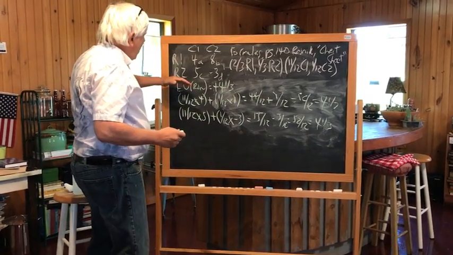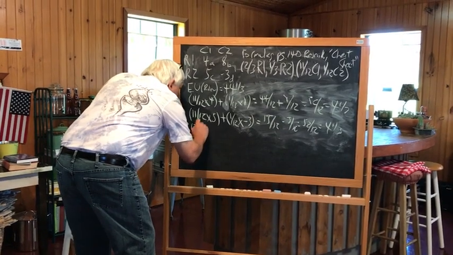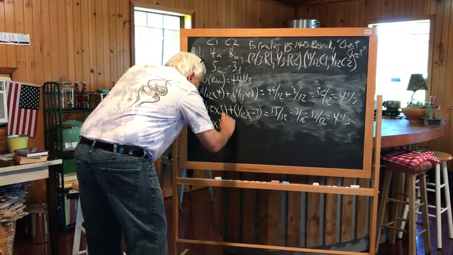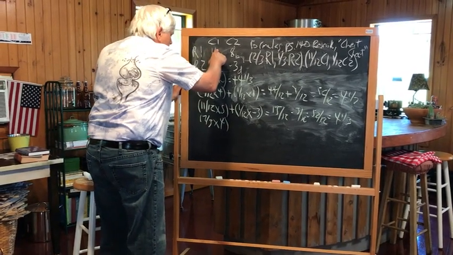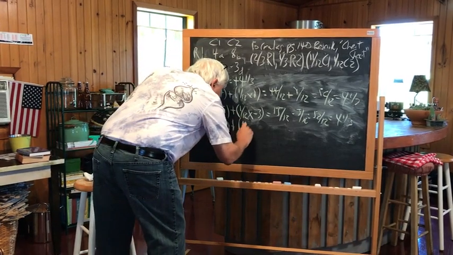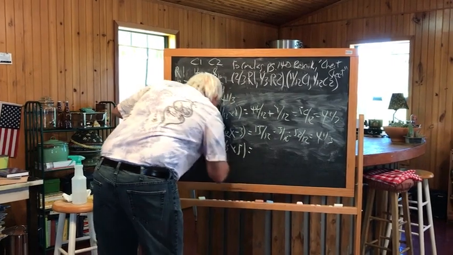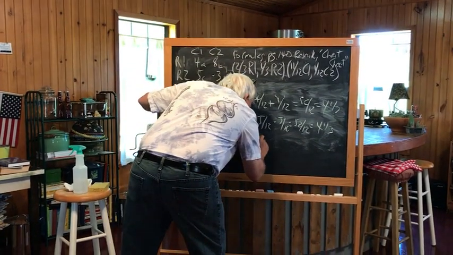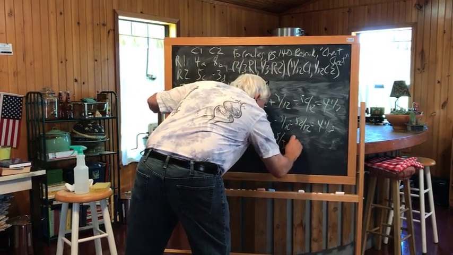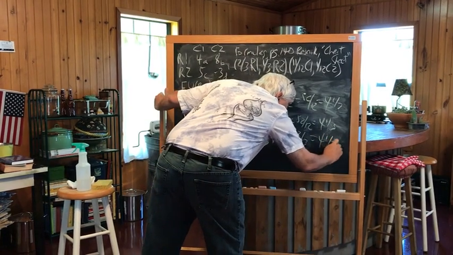Or we can calculate the value of the columns. That would be the probability of row playing R1, 2/3, times the value for row of that 4, plus the probability of row playing R2, 1/3, times the value for row, 5, and that's going to equal 8/3 plus 5/3, which equals 13/3, which of course equals 4 1/3.